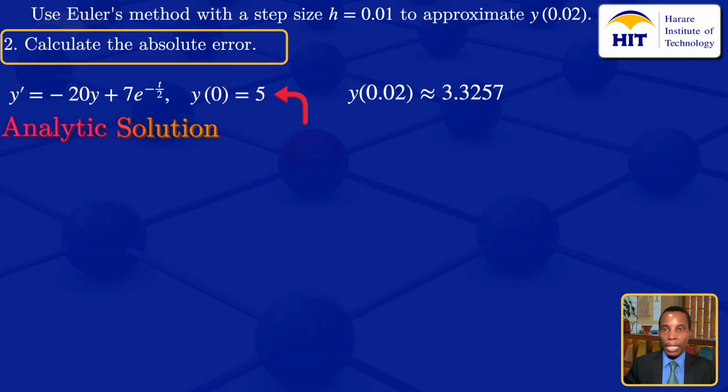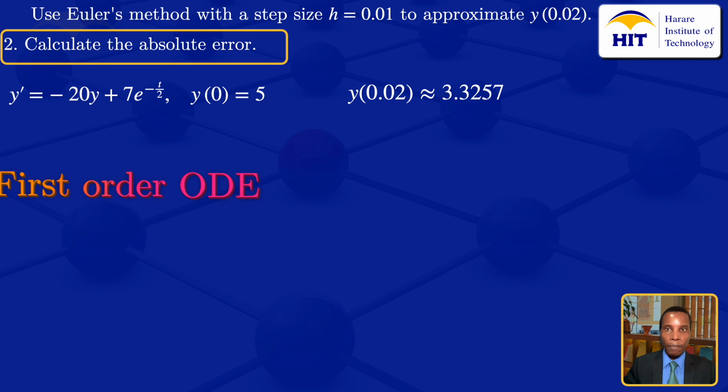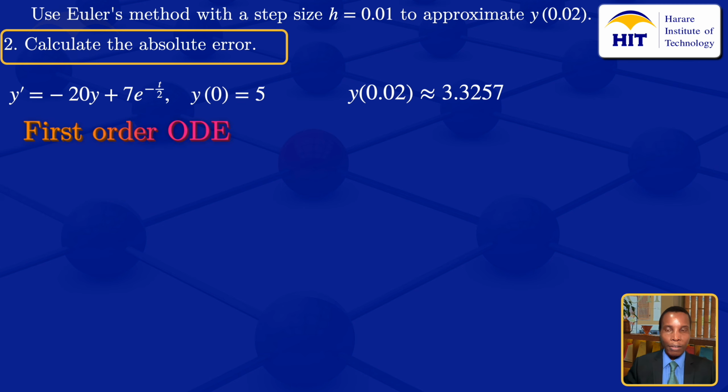This is a linear first order ODE, so we can solve it by using an integrating factor. We can rewrite the equation, putting the -20y on the left-hand side, and we have y' + 20y = 7e^(-t/2).